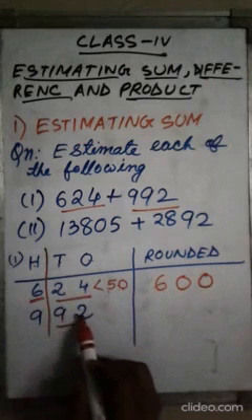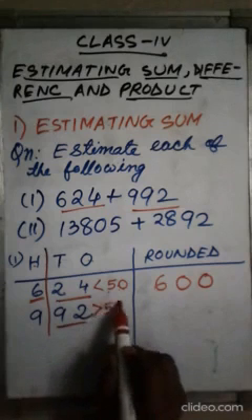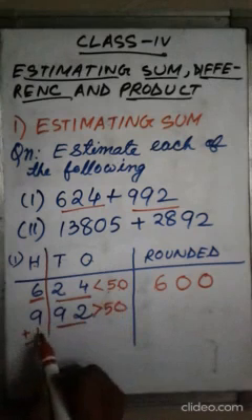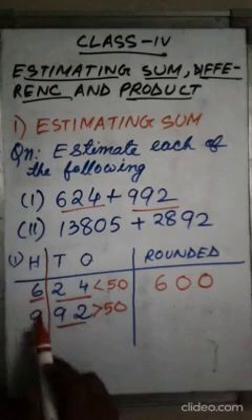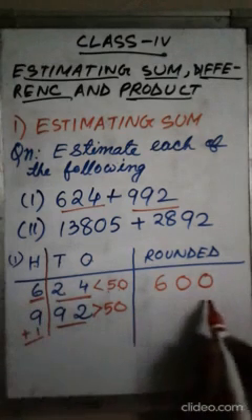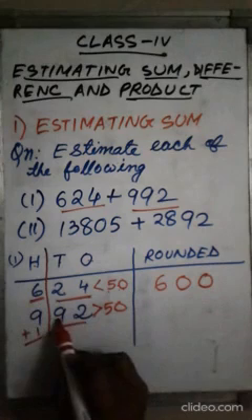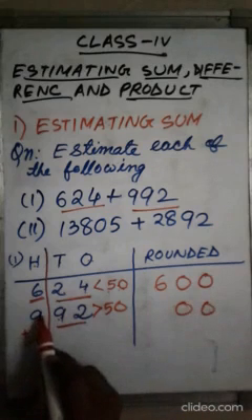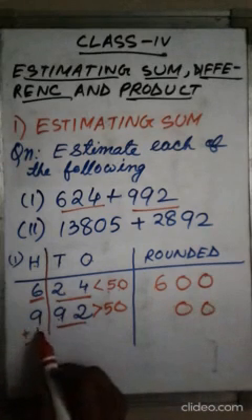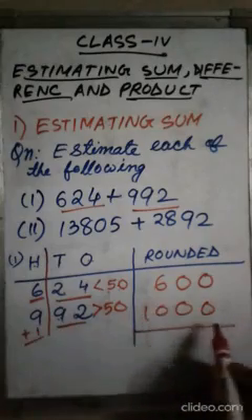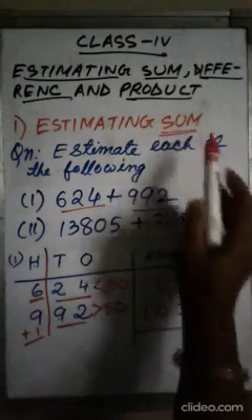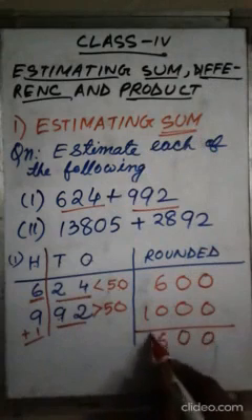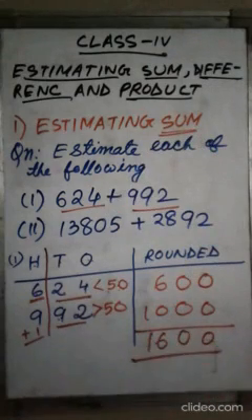Here you can see that 92 is greater than 50, therefore 1 will be added to the digit of the hundreds place. So in place of 9 and 2, I shall write 0, 0. And in the hundreds place, it is 9 plus 1, that is 10. You have to add, so the answer is 1600.